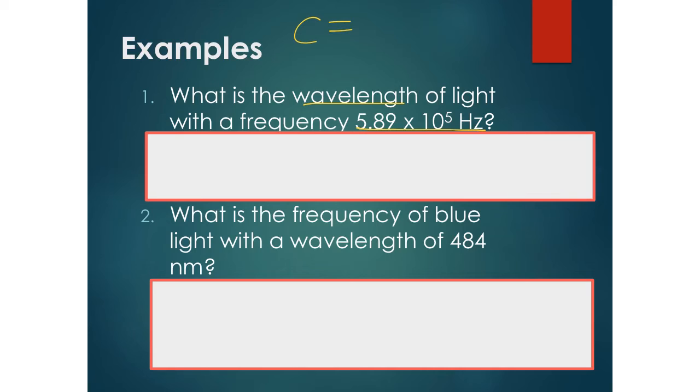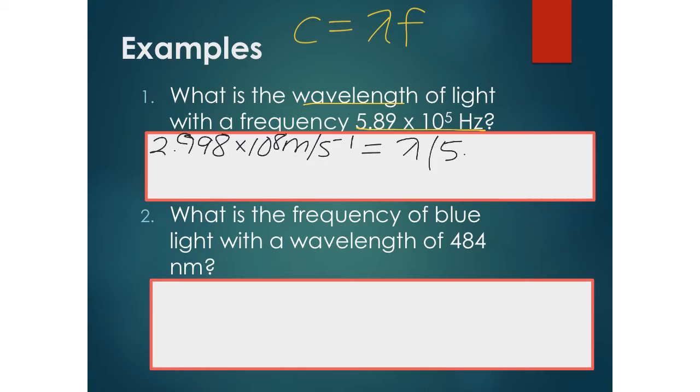So we are going to use the formula from the reference table. c, speed of light, is equal to wavelength times frequency. So our speed of light is 2.998 times 10 to the eighth meters per second. We are looking for the wavelength and we have the frequency.